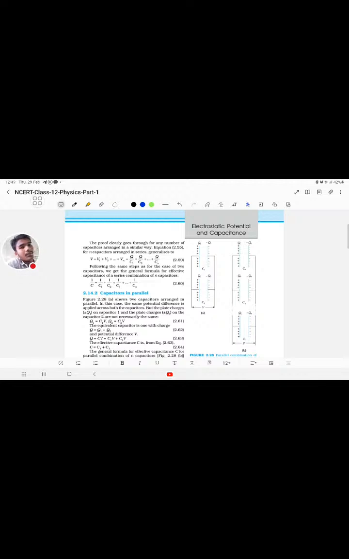In series combination, the current flowing will be the same. That is, the amount of charge that is deposited will be the same. By making use of that factor, we will be deriving this, and what we will obtain is that the net potential drop across every capacitor will be equal to q by C1 plus q by C2 up to q by Cn.